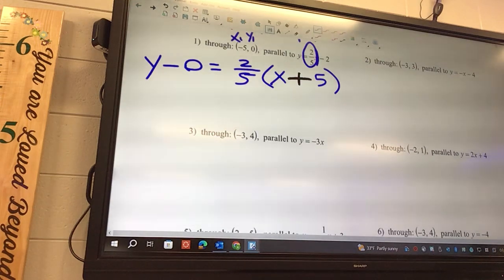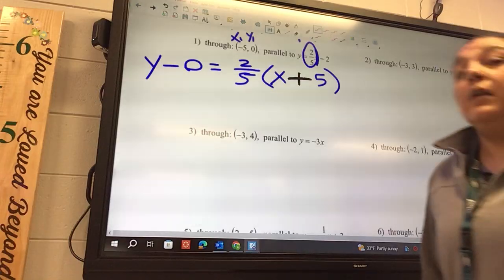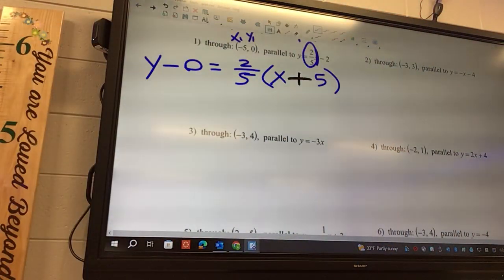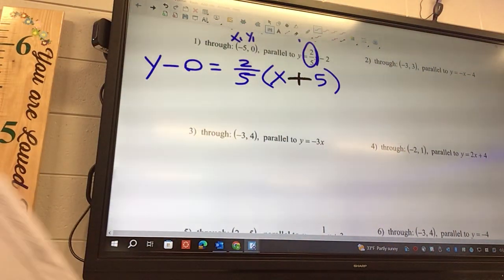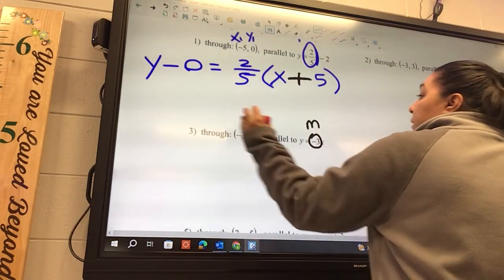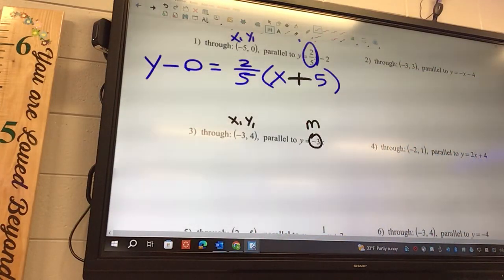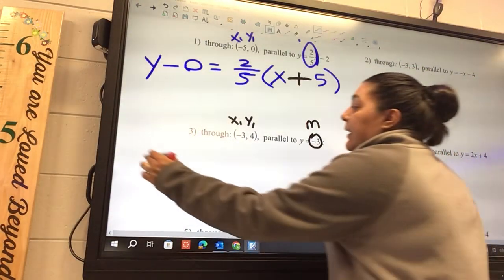What's the slope? -3. So this is going to be my slope, my m. This is going to be my x1, y1. So it's going to look like y minus my y1.